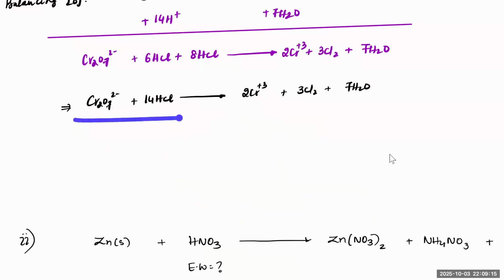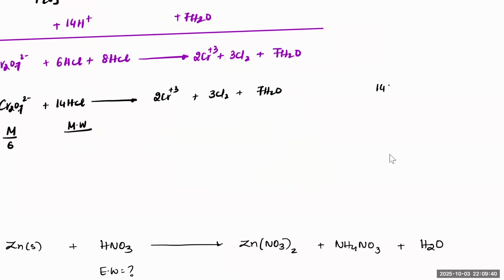Same way, if you have to do it for this one, how many electrons have been transferred? Check out. The same 6 electrons are now transferred not by 6 HCl. It is transferred by 14 HCl. So hence, equivalent weight in this case will be molecular weight by 6. Here it will be molecular weight by, now listen up everybody, for 14 HCl in this reaction 6 electrons have been transferred. So tell me, for 1 HCl how many electrons will be transferred? 6 by 14 electrons.